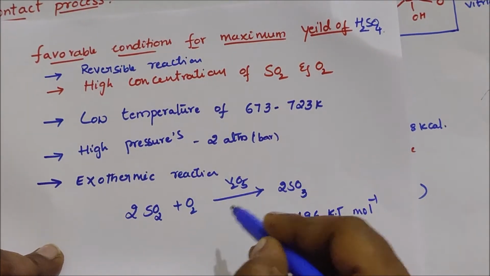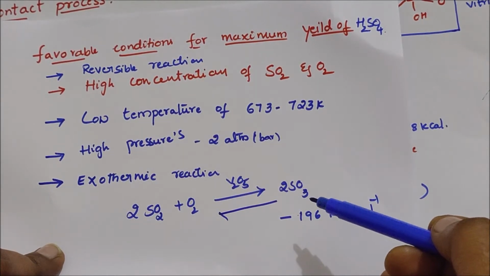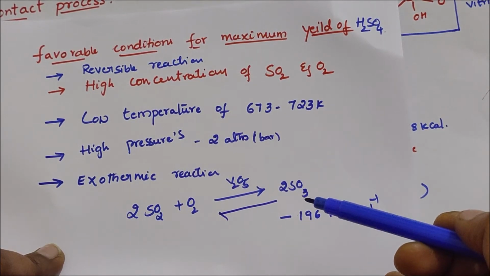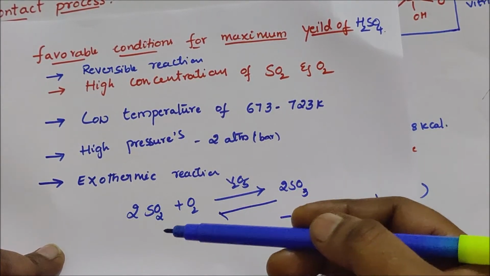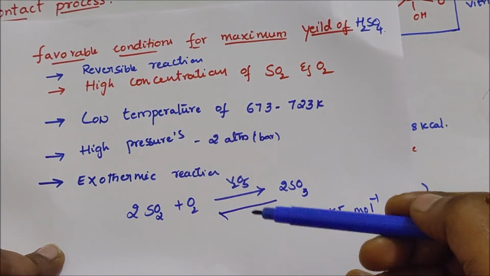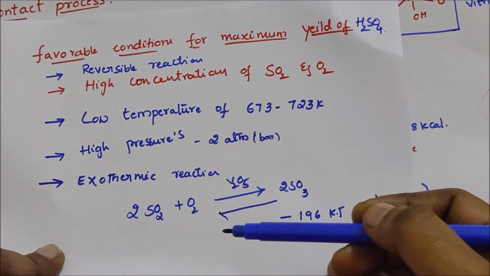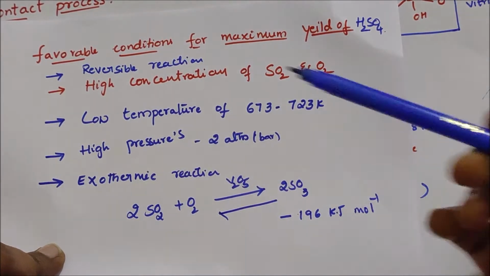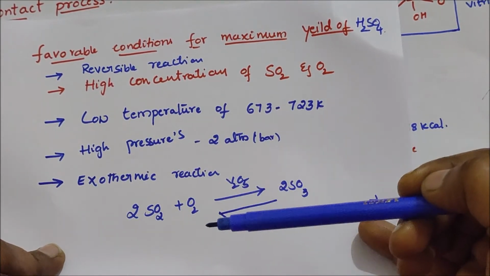That means 2SO2 reacts with oxygen to give 2SO3, and the 2 moles of sulfur trioxide again give sulfur dioxide and oxygen. Products form reactants and reactants form products. Sulfur trioxide is formed by using high concentrations of sulfur dioxide and oxygen.